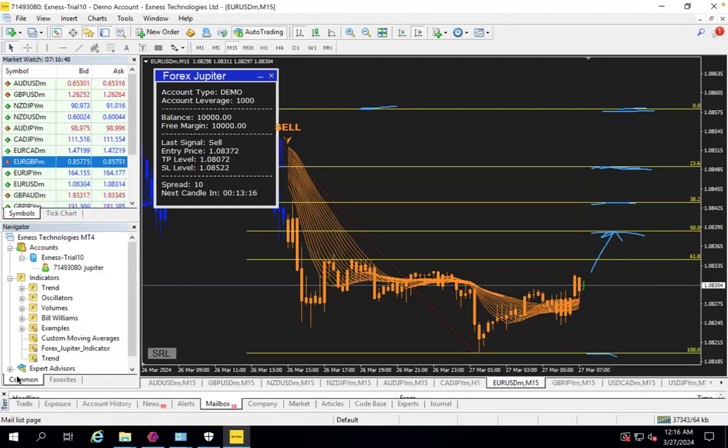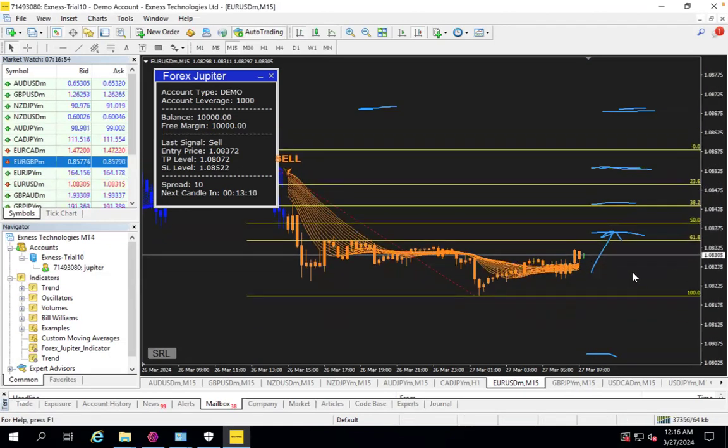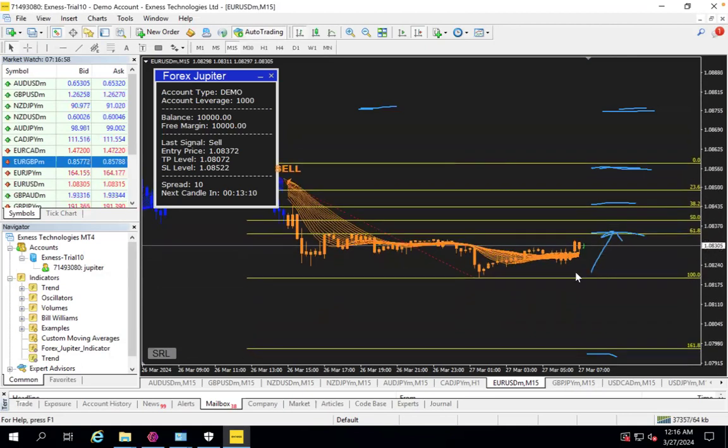And then what we do next, so that is entry. And then when it comes to take profit, all right, first take profit is going to be here at your TP1 over here. Okay, and this is TP2, 161.8.